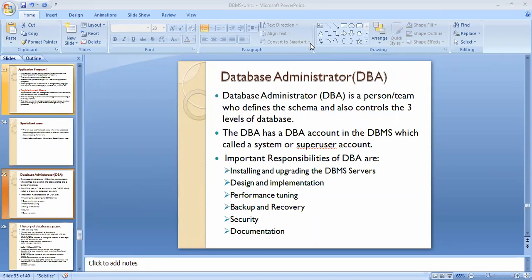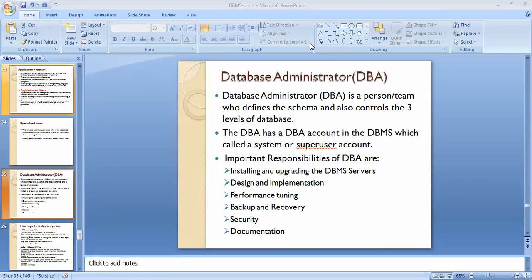All these come under design and implementation. Are you getting, students? Yes, ma'am. You are looking at the important responsibilities of the DBA.